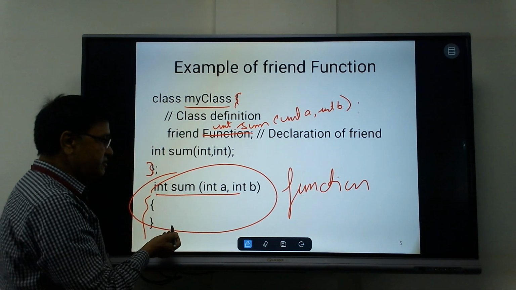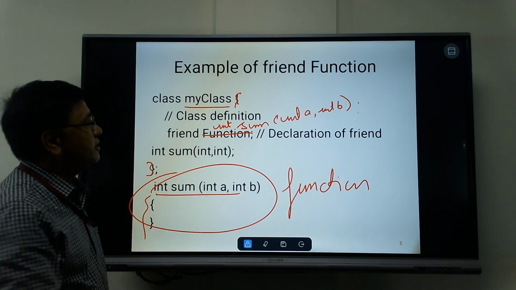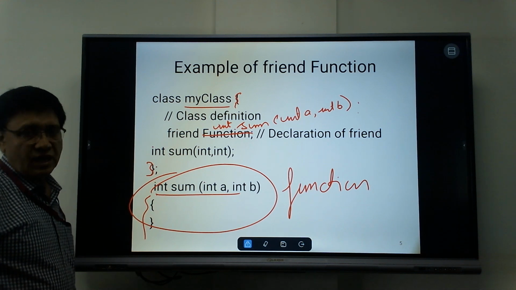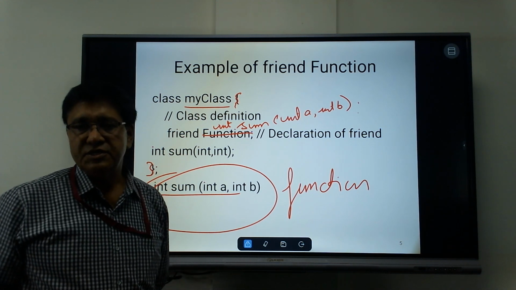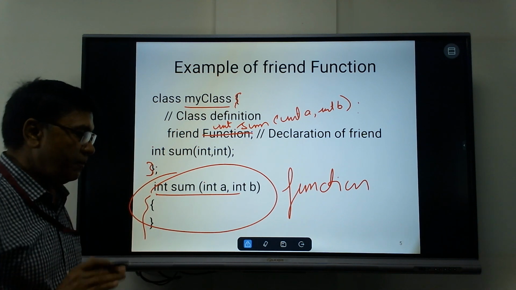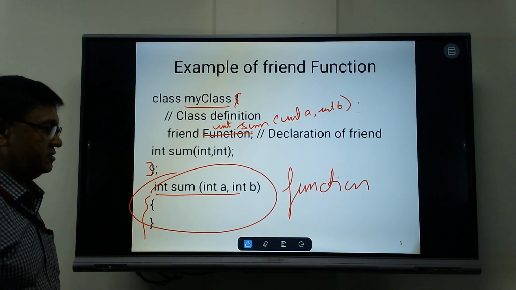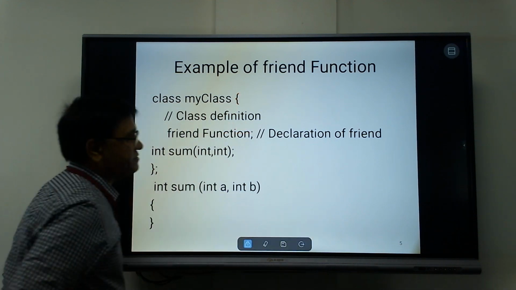Now this sum function, which is a friend of this class, can access the private and protected members of this class. Generally, the private section and protected section cannot be accessed by any function which is not a member of this class. Fine. Now I will come to this.